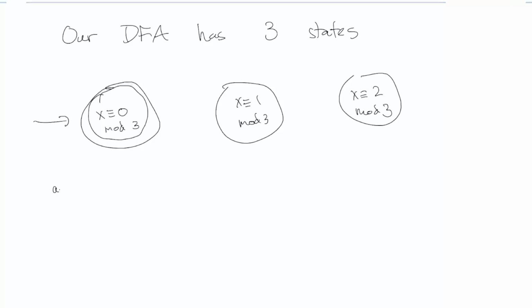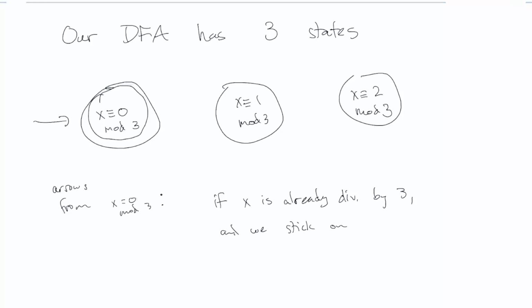So let's look at arrows from the 0 state, x equals 0 mod 3. You have to think about, okay, this is a state in which x is already divisible by 3, and we stick on a 0, right? What is the effect of that?